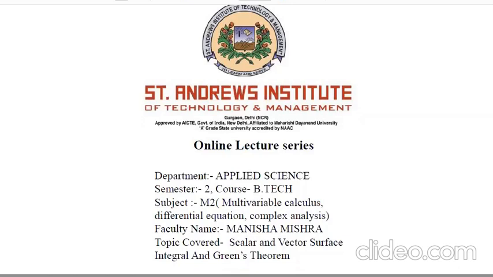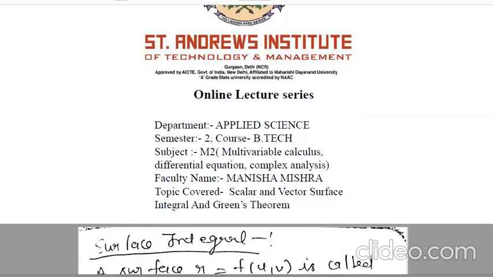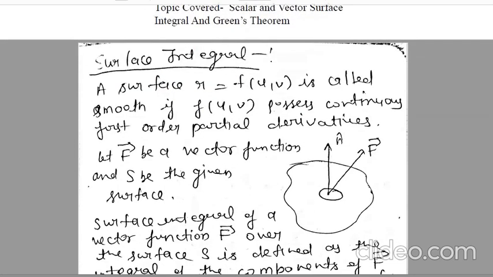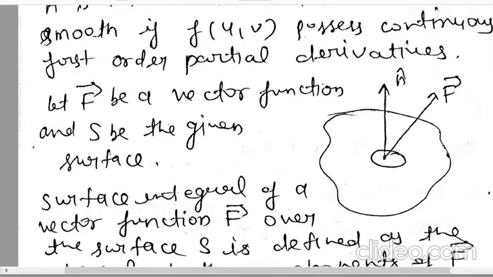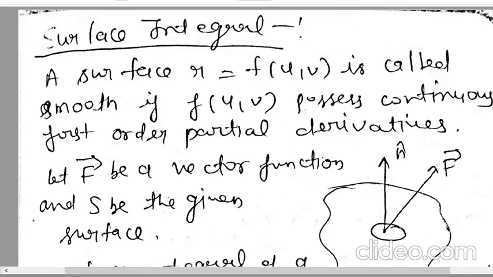Scalar surface integral and vector surface integral, right? So first thing is surface integral. A surface R equal to F(u,v) is called smooth if F(u,v) possesses continuous first order partial derivatives, right?